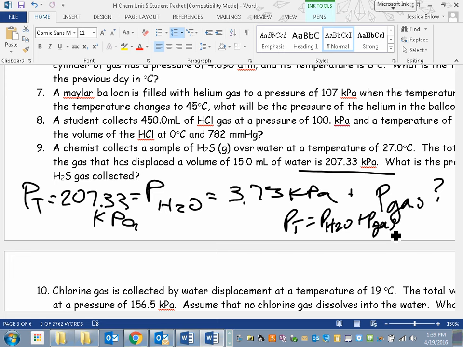This is a double replacement. Get out your own periodic table if you need one. You probably will.